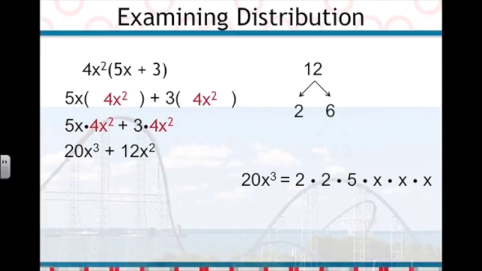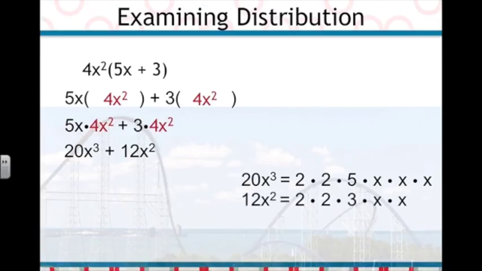And I can see that I could factor 6 more into 2 times 3. So 12 equals 2 times 2 times 3.